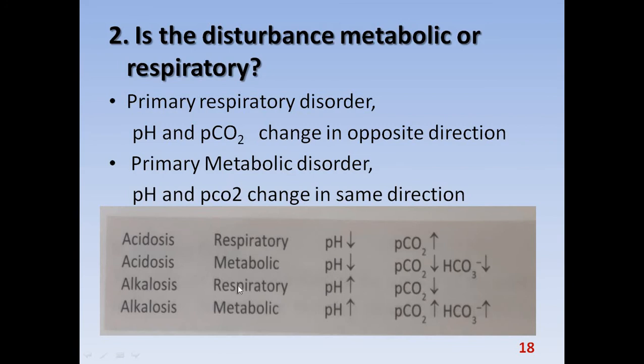In case of metabolic alkalosis, the pH is increased and PCO2 is also increased. They are in the same direction, and the bicarbonate also is increased. So, like we said before, in respiratory disorders, pH and PCO2 are in opposite directions.